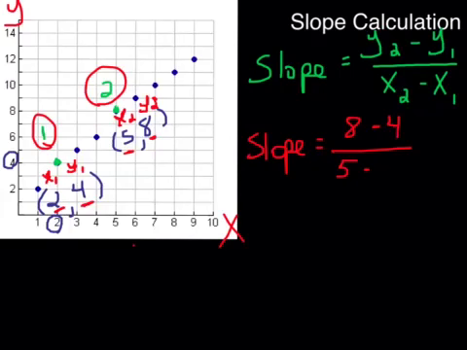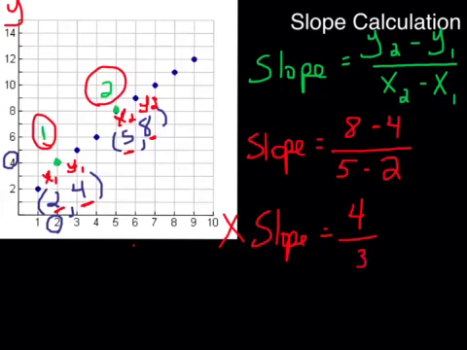Excuse me, it's late. So again, x2 is 5 and x1 is 2. So the slope equals 8 minus 4 is 4 divided by 5 minus 2 is 3.